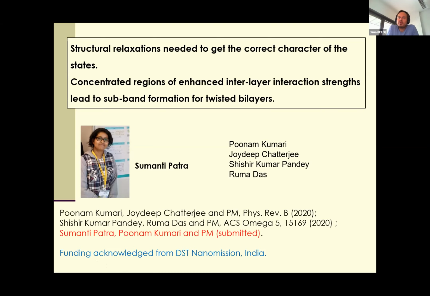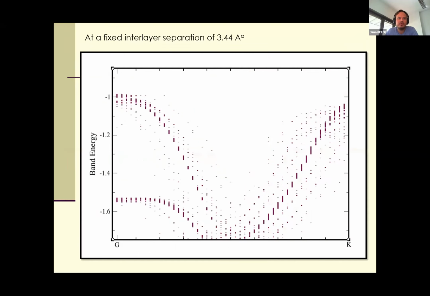Okay, so while we're waiting for the audience questions, maybe just a question which is slightly more general than the talk. Basically, in your case, the flat bands, if I understood correctly, they usually appear around 3.5 degrees.